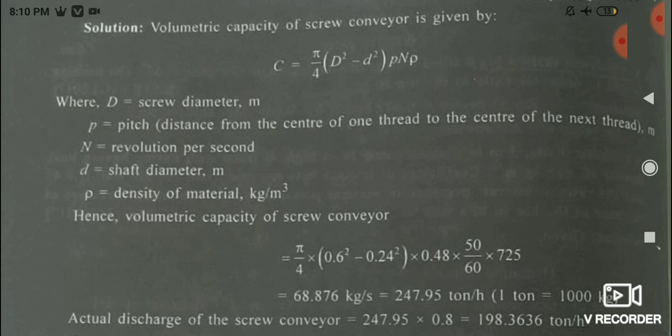And when you multiply this with rho, as I have shown you in the previous formula, you can get it in terms of weight basis. So you put all these values and you get the discharge in terms of weight basis, that is 68.876 kg per second. You multiply it by 3600 and divide it by 1000, then you can get it in terms of tons per hour.